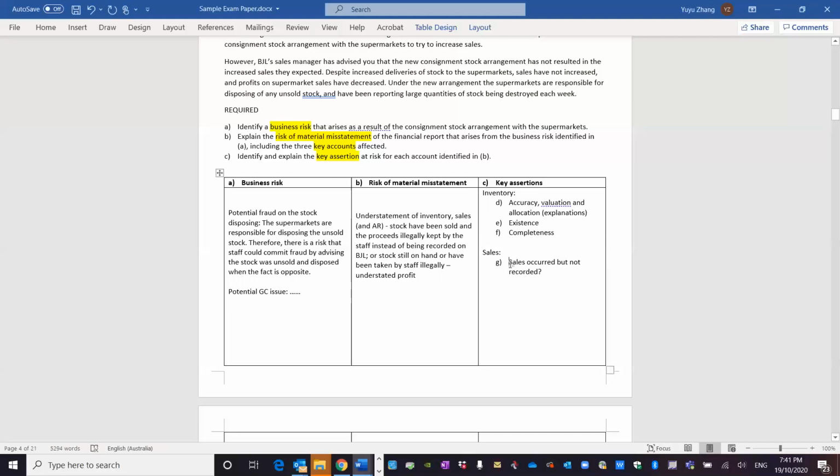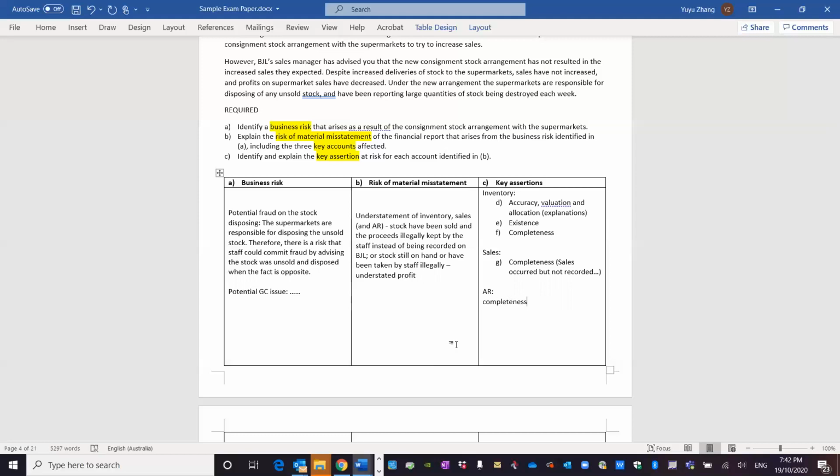Okay. What could be the other account relevant? So there is a sale in the market, but not reported, not completely recorded. Then once there is a sale from the supermarket to you, that is accounts receivable, is that right?